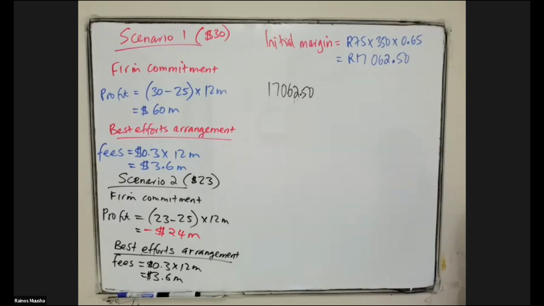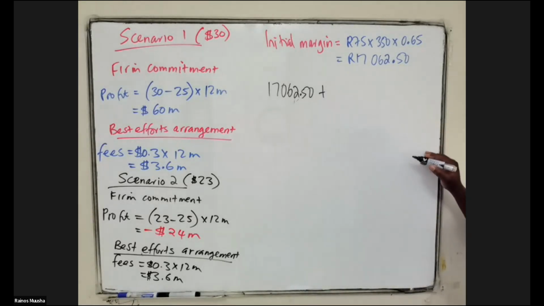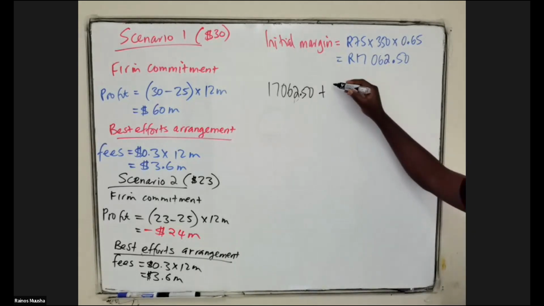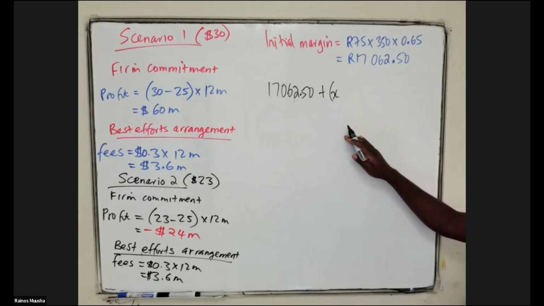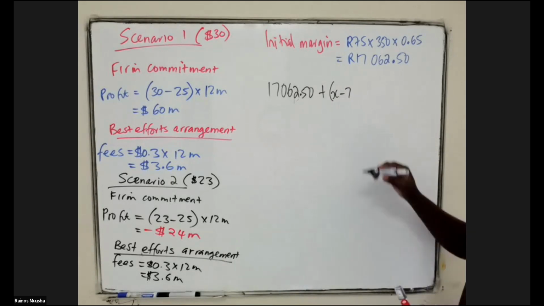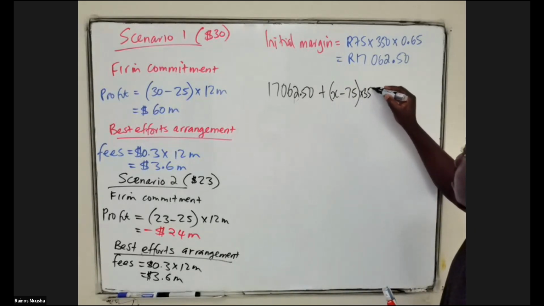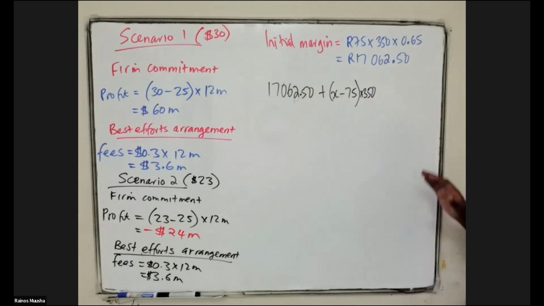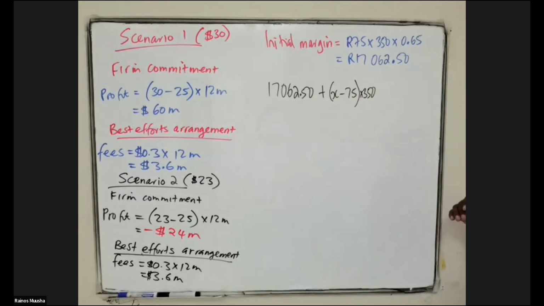So if you say this plus, remember, we don't know at what price it is going to go up by, minus the price where we are initially starting off at, multiplied by the number of shares. So when the value of the portfolio is going up by a certain amount, that's when we're going to be receiving a margin call.